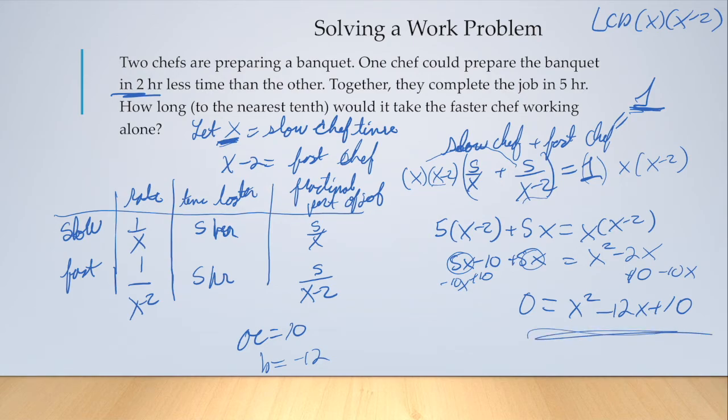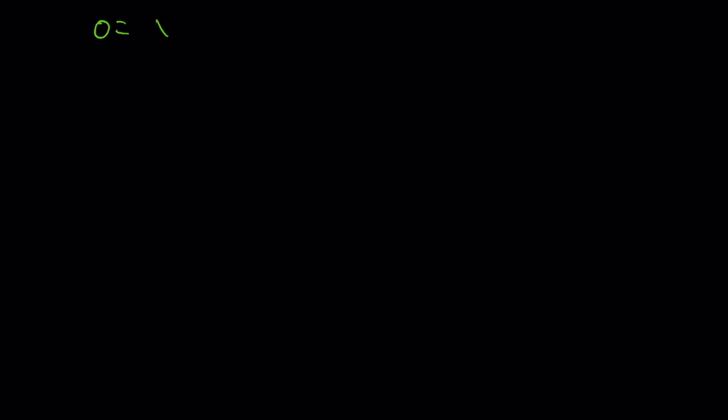So let's go to a whiteboard and solve this by using the quadratic formula. Switch into green. So I have 0 is x squared minus 12x plus 10. So when it comes to the quadratic formula, I always want us to start by labeling our a, b, c's.